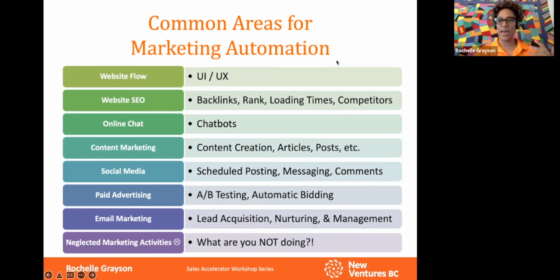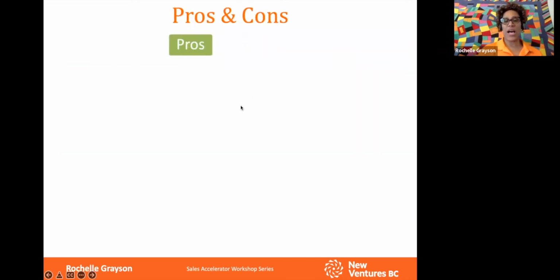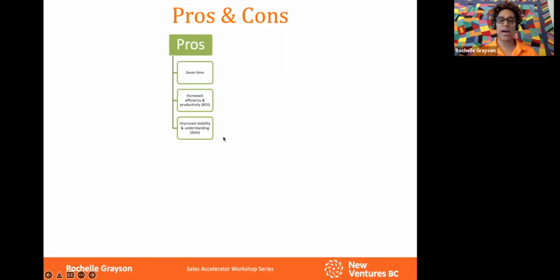Okay. In terms of pros and cons, the pros are pretty obvious. Generally, marketing automation can be really great in saving time. That's usually the most obvious thing. It can bring increased efficiency, productivity, and give you a really good return on your investment for the time you put in. It also gives you improved visibility and understanding of what's happening with your customers. Sometimes we don't get to see the bigger picture, and marketing automation can do that really well.